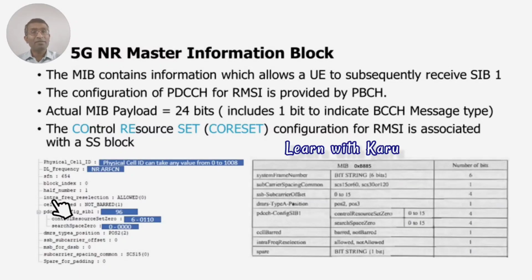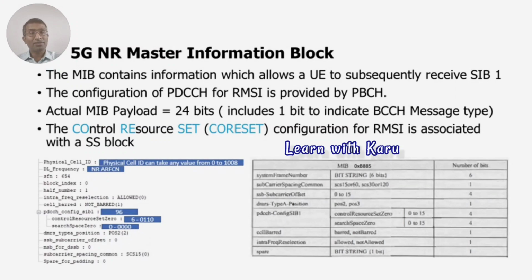And then we have the PDCCH config SIB1. So what is PDCCH config SIB1? PDCCH is the physical downlink control channel, and PDCCH config SIB1 is nothing but the configuration for PDCCH to read SIB1, which is RMSI.